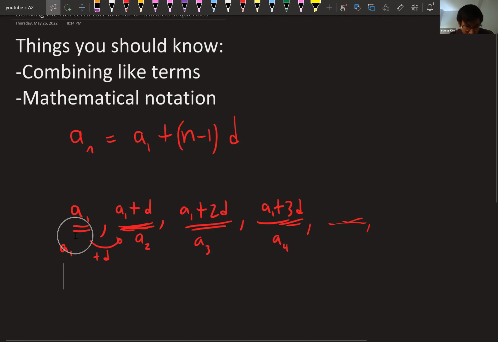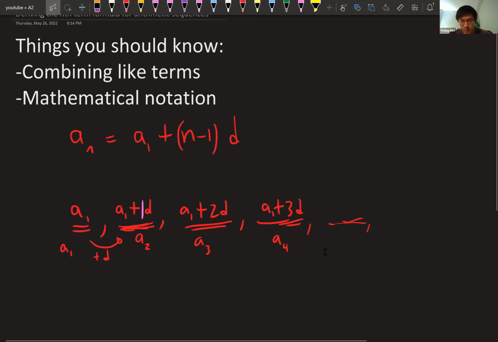It's the first term. There are 0 D's that you're adding to this, because this is the same as saying plus 0D. For a sub 2, you're adding 1D to a sub 1. And for a sub 3, you're adding 2D's.